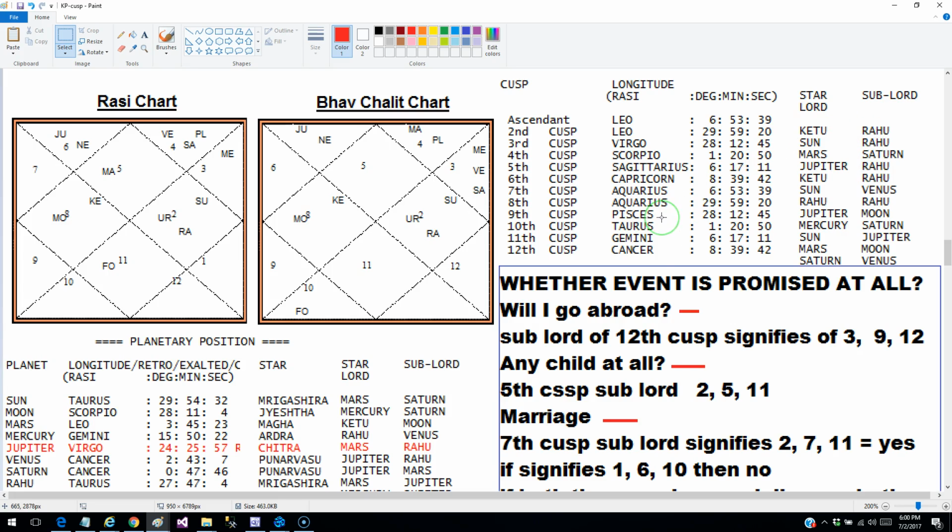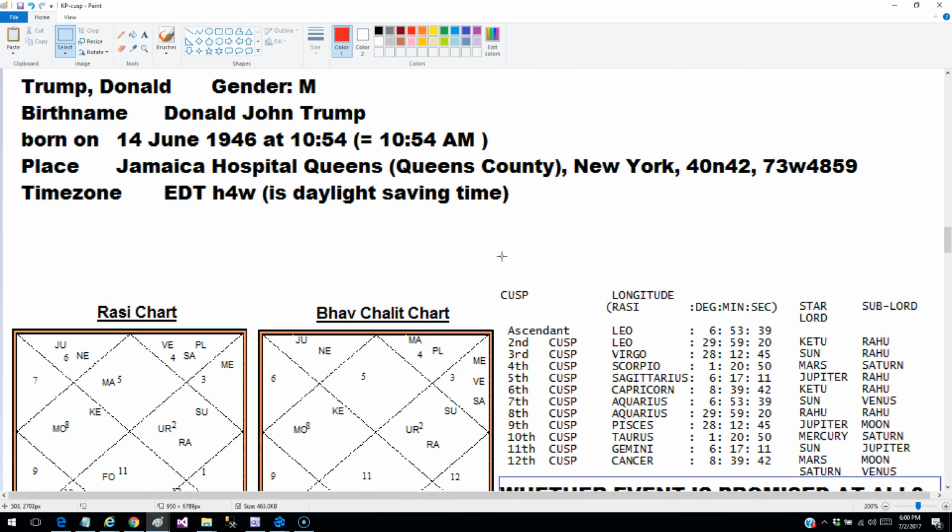So I'll show you with an example what happens when there is a slight difference in time of birth. In Trump's horoscope, the time of birth is 10:54 a.m. I'll show you what happens when the time of birth is 10:54 a.m. and what happens when it is 11 a.m. Just 6 minutes of difference.